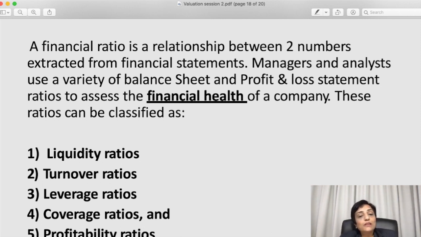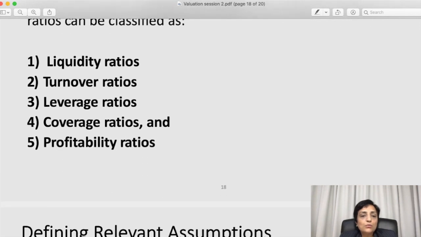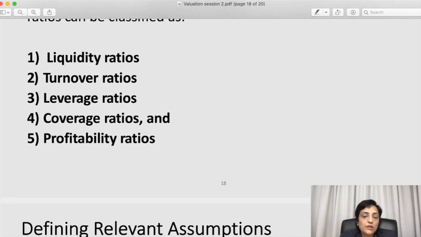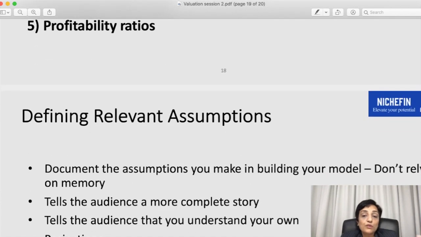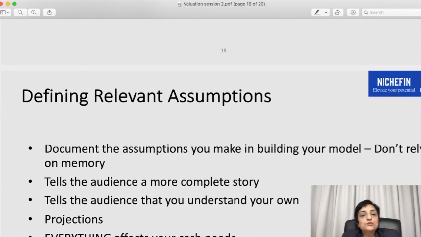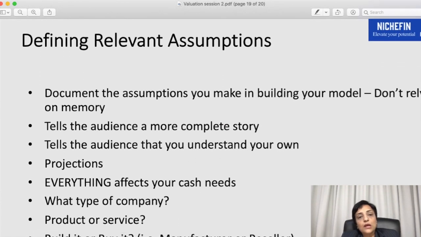And the profitability ratios, as we discussed in the common size income statement, like the gross profit ratio and net profit ratio, will give us a percentage figure to apply for our future projections. We need to work these out to start working with the projections. So, defining relevant assumptions.